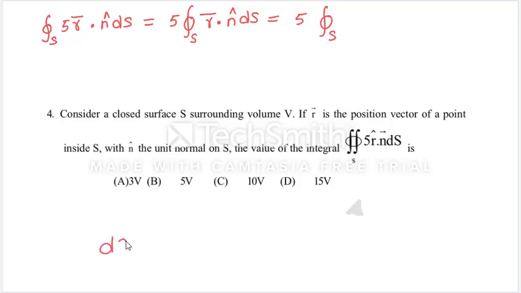Well, dS is a surface area. Is surface area a vector or scalar? It is a vector quantity, so it should have a magnitude as well as a direction. So we can write this as a dS vector, and what's the direction of surface area?